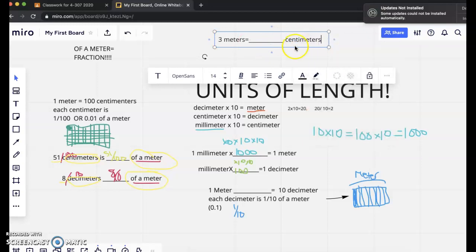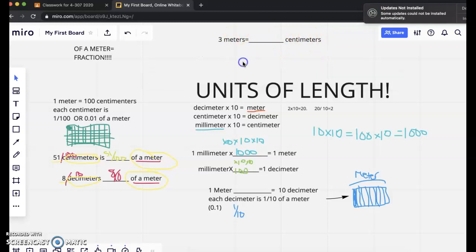Now, we can already see right here that there is no "of a meter," so that must mean that this is multiplication. So all you have to do for this, 3 meters. Okay, so here's the meter. Meter is really big, and centimeter is really small. So centimeter is right here. I do times 10 to get to decimeter and times 10 to get to meter.